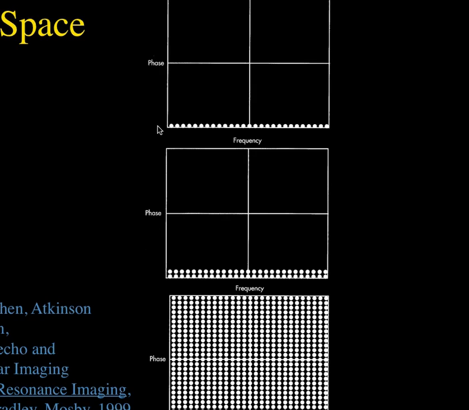If we do a single 90-degree pulse with a single value of the phase encoded direction, then when we put on the frequency encoded direction, we will get 256 numbers in the frequency encoded direction, right?